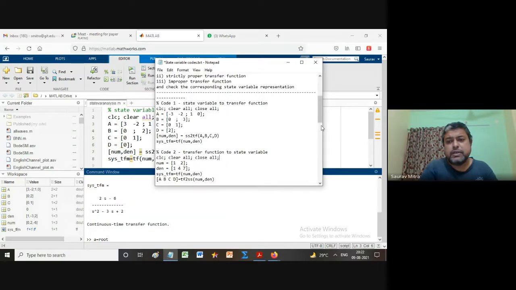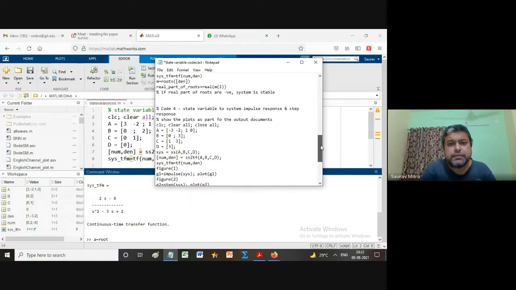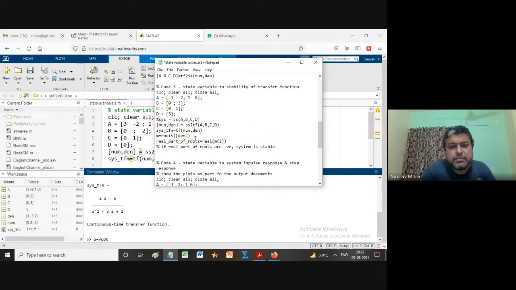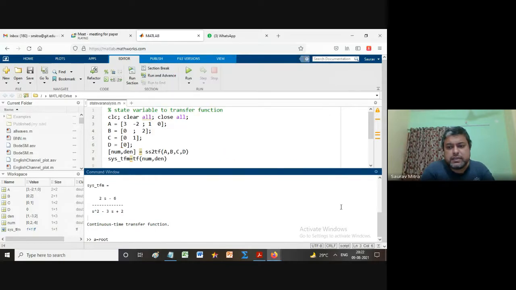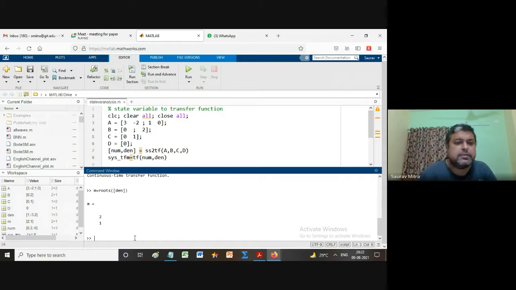We had the code for finding the roots, so in the state representation, m is equal to roots of the polynomial if you do. In that case it will give you the roots like this. You are finding that both roots are 2 and 1.